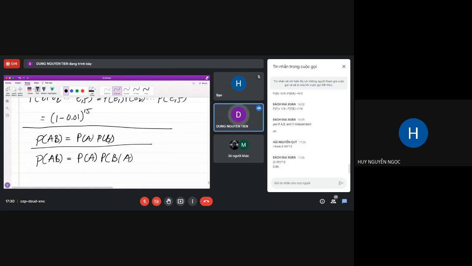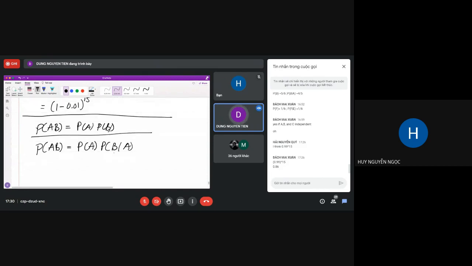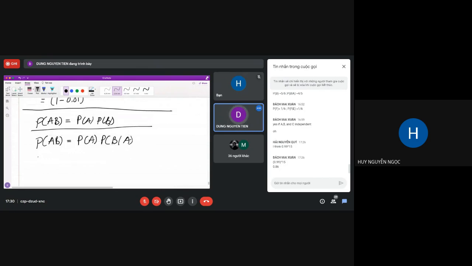Now, what if you have three events? Let's say the probability of A, B, and C. If you have A, B, and C, then AB plays the role of A, and C plays the role of B. Then I get the following formula: the probability of AB times the conditional probability of C given AB.